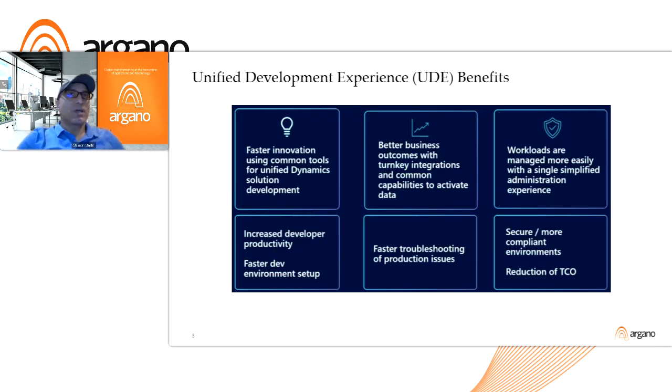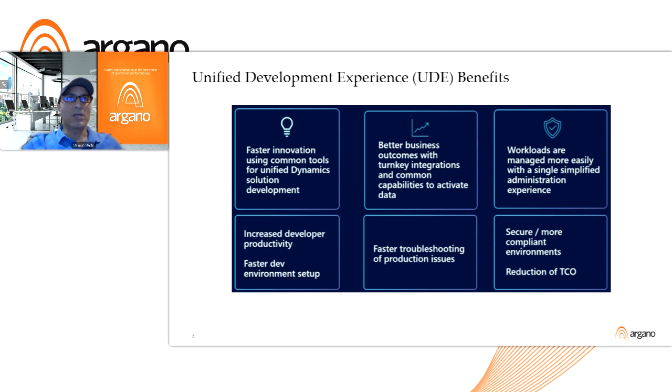So what are the benefits we can highlight based on the conversation we had around efficiency? We're going to talk about the total cost of ownership, because ultimately that's what it boils down to. With the use of UDE, using those common tools that I mentioned is going to be more effective, with faster innovation, because you're using a common technology.